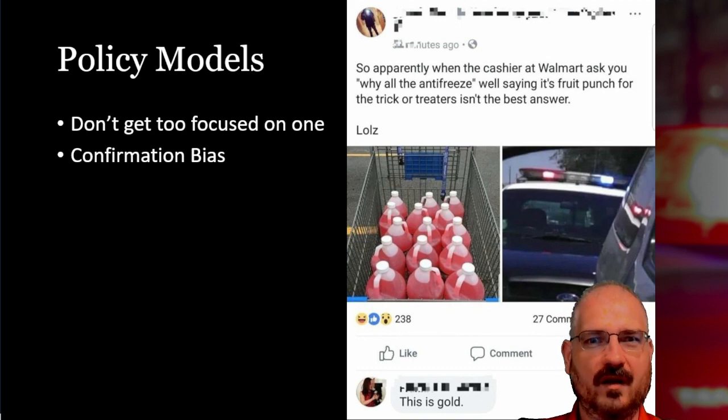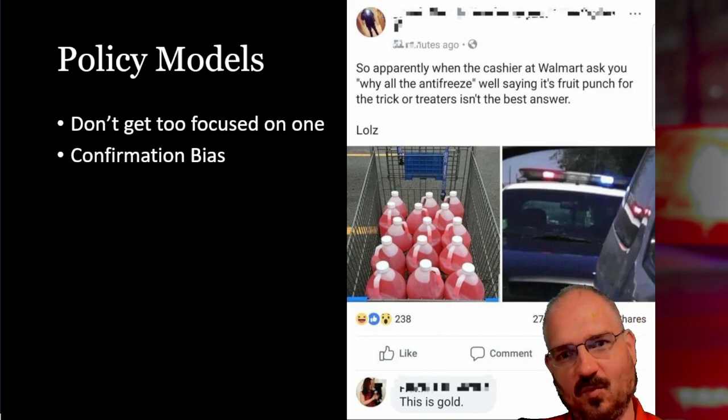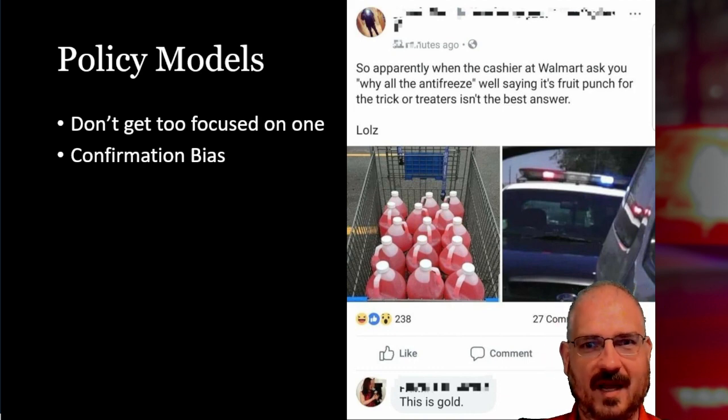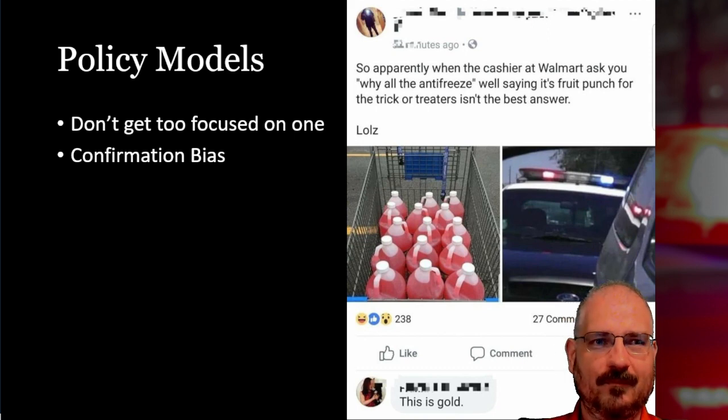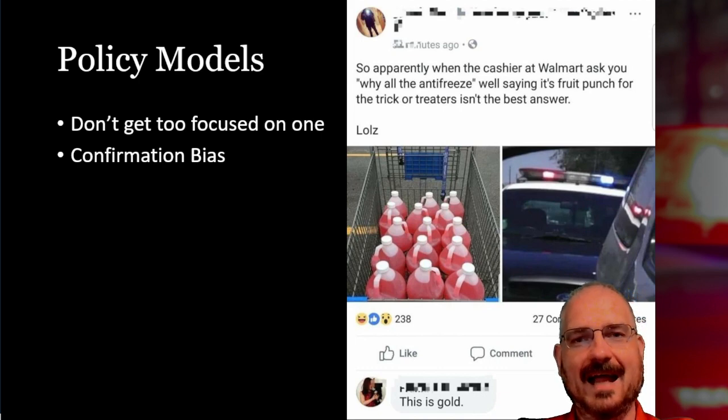Now, the final thing I'm going to say about these policy models is that no one way to look at how policy is made is perfect. You might find yourself leaning towards one or another of the ones I just talked about. You might go out on your own time and find some others that are more clearly how you see the policy process. But don't get focused on any one over and above the others, because these are just mental models on how to look at the governing process and the policy process.